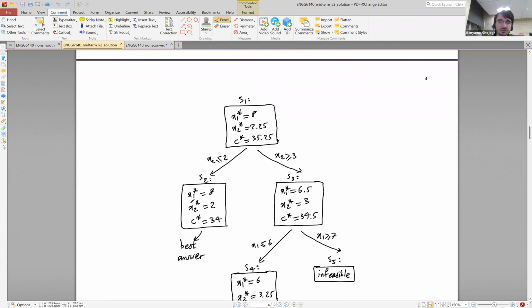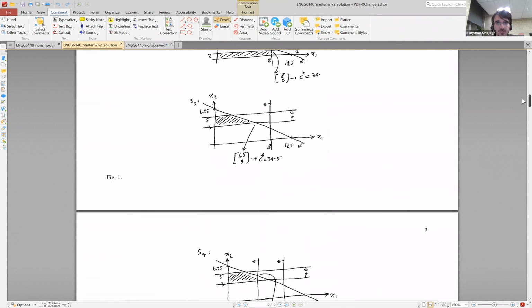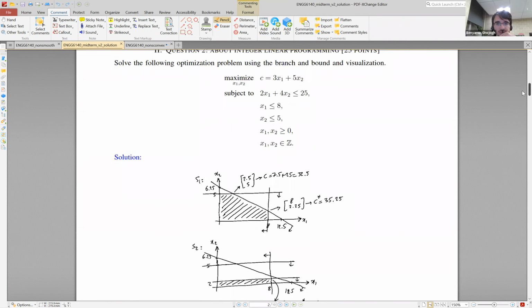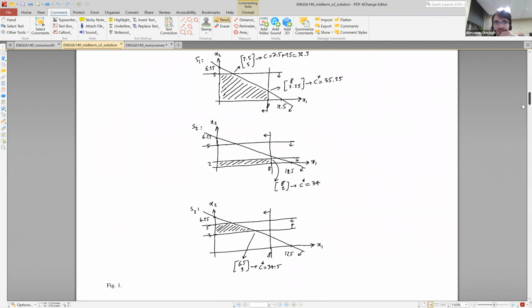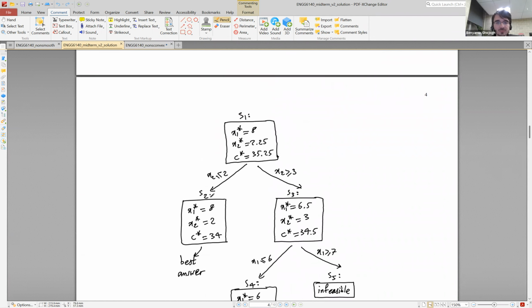If we do that, in subproblem 2, which is shown here, we'll have x1 star equals 8, x2 star equals 2, and c star equals 34.